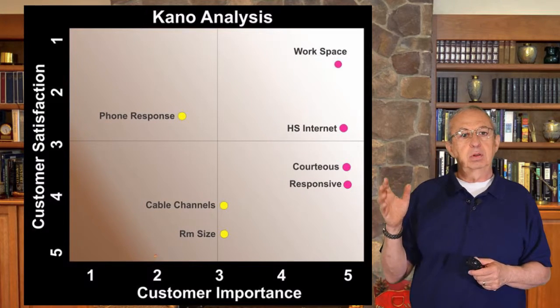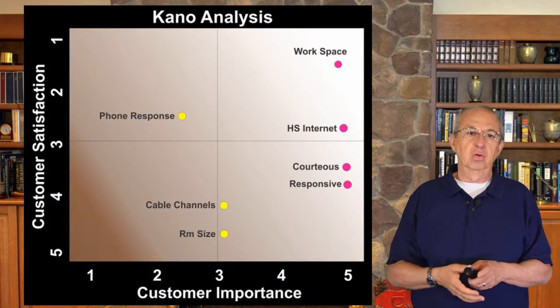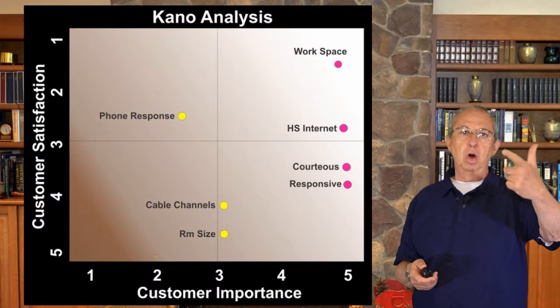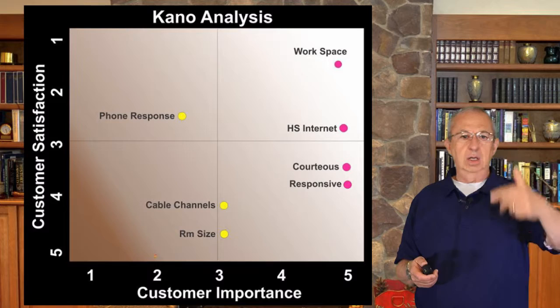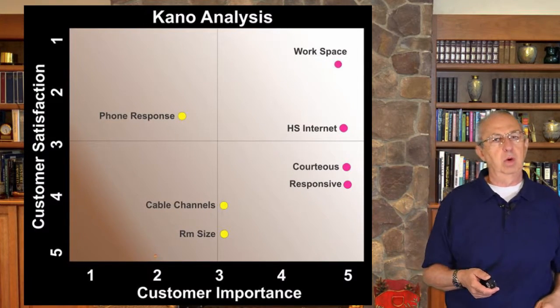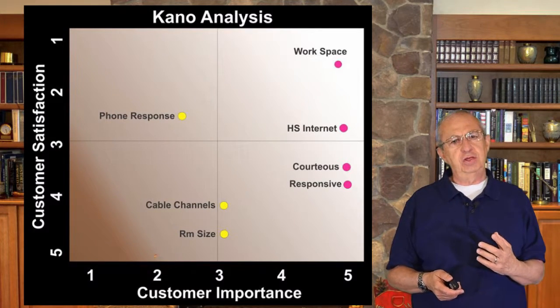Those are in the upper right-hand side. Right for importance, up for how unsatisfied. You notice that the scale is reversed. 1, meaning you're lousy, is at the top. You're doing great is at the bottom. So we want to go northeast. We want to move up there. So that's an analysis of things you need to work on.